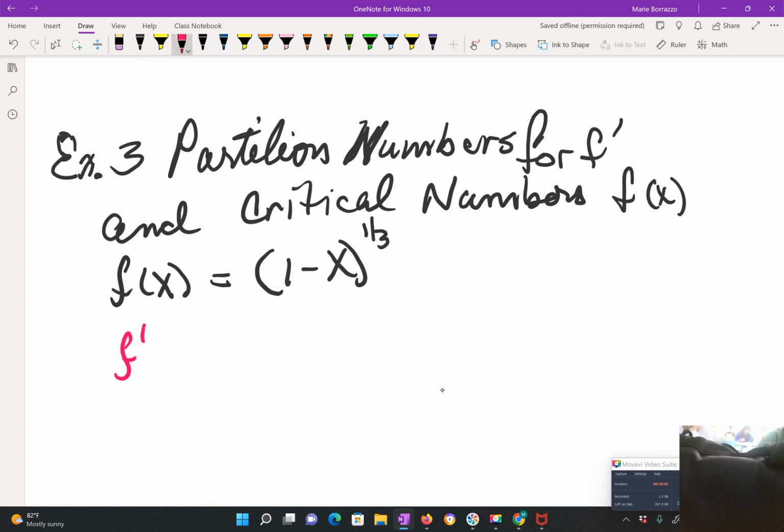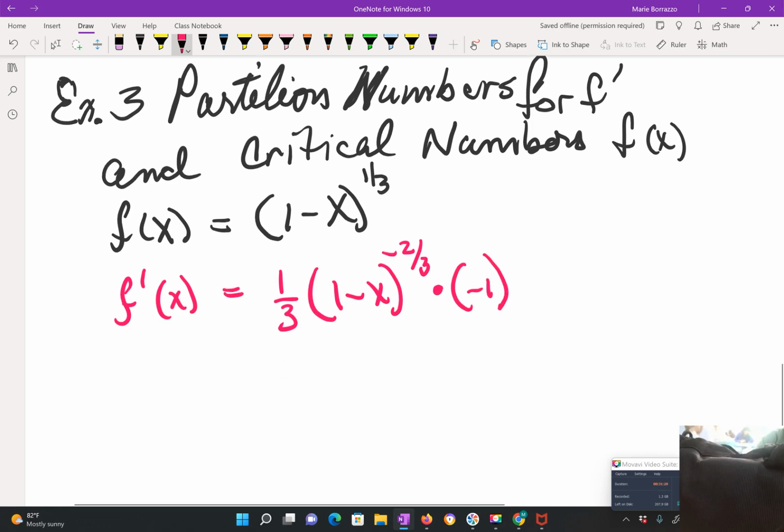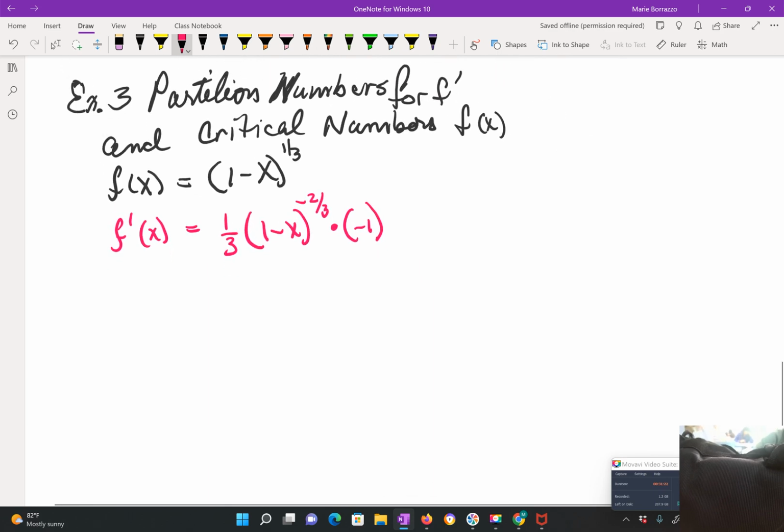You can understand now why I took a pause on chapter 3. So we have 1/3. If you start it the long way, you have 1/3 times 1 minus x raised to the negative 2/3, and that is times -1. Okay, so I'm doing it by steps so you can follow.